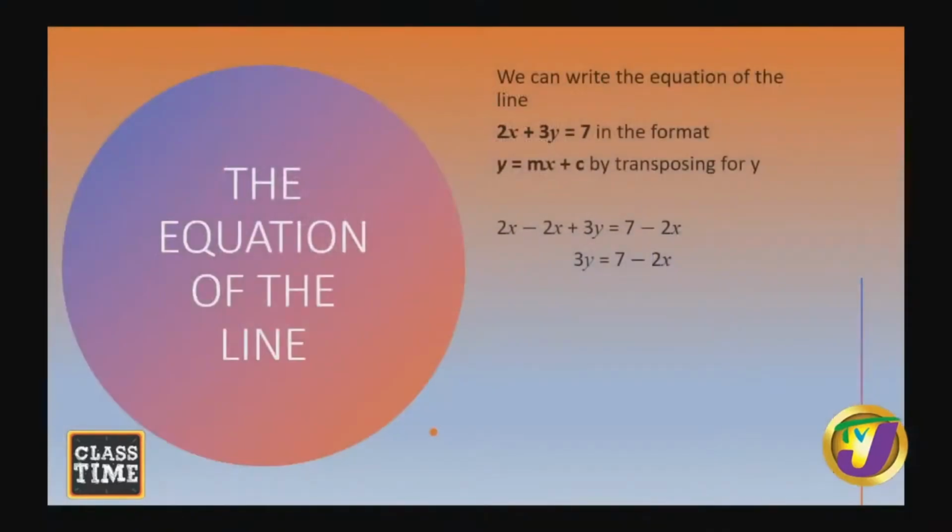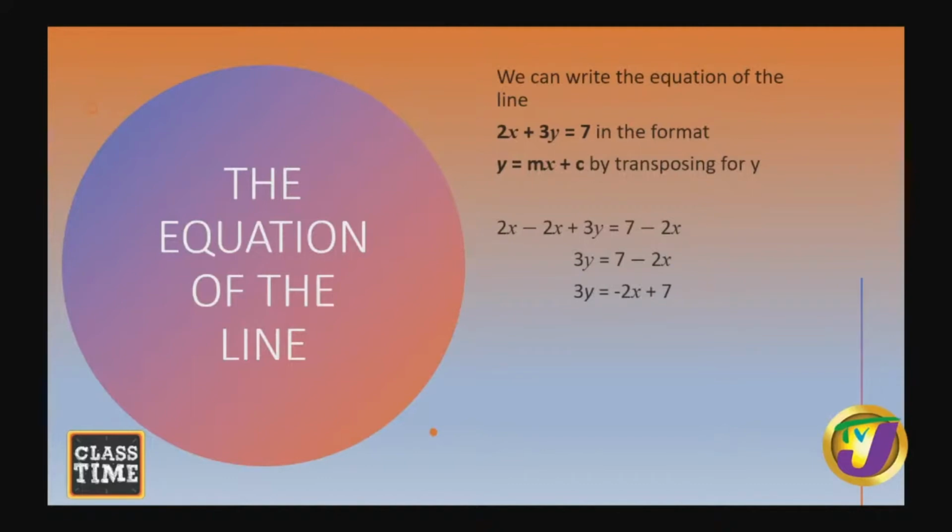But is y yet by itself? No. And you changed the order of the terms, which is perfectly okay because they represent the same thing. The 7 is still positive and the 2x is still negative.